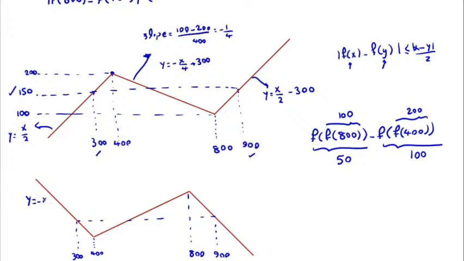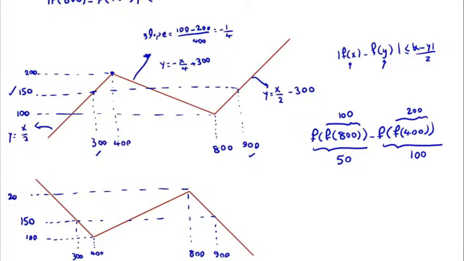So here y will be negative x over 2. We should also add plus what. So let's first not write anything here. Here I want to reach something like this for 300, 150. For 400 it will be 100, and for this part we should have 200.